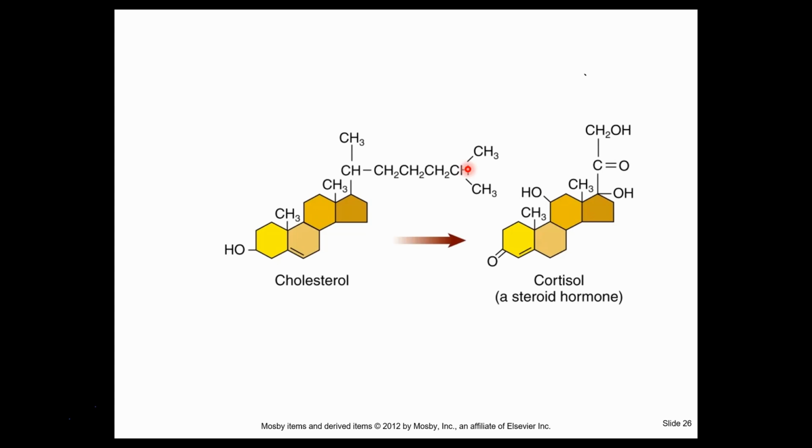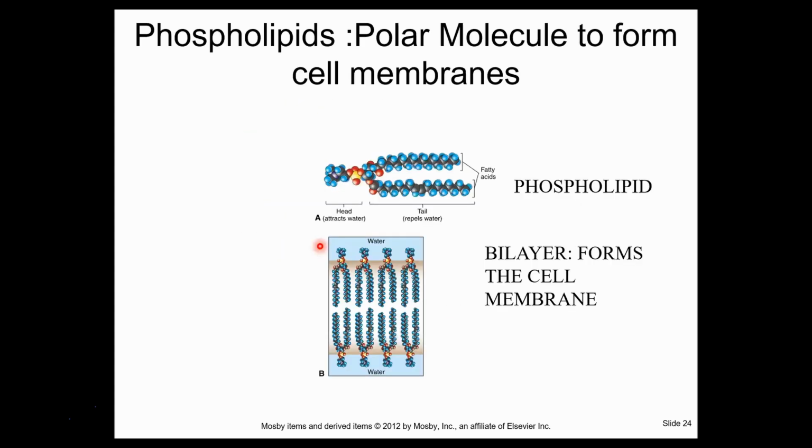For now, I will just mention that cholesterol plays an important role in the integrity of the cell membrane. And how it does it: it attaches itself to the polar head, and the non-polar tail protrudes inside of the cell membrane.